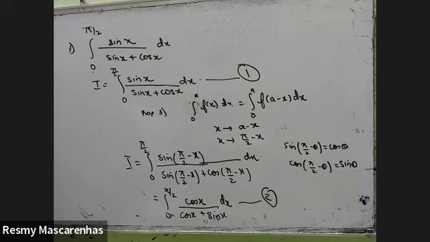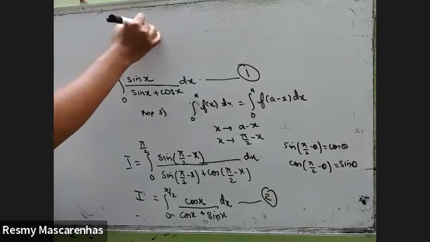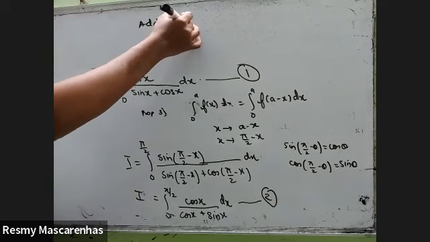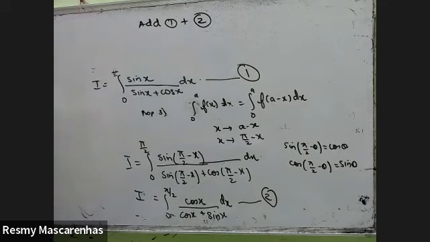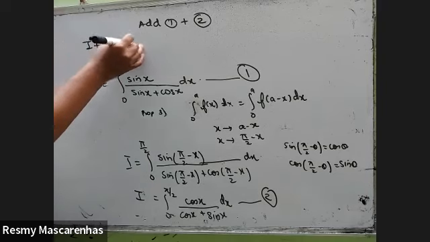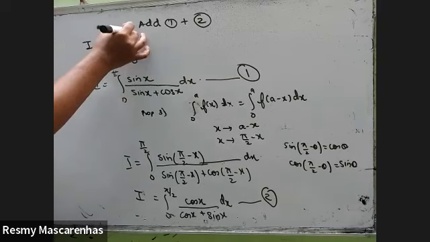Now add both the equations. This is also I only. Add equation 1 plus equation 2. These are fixed steps. So the left hand side will get added, I plus I. The right hand side also will get added.